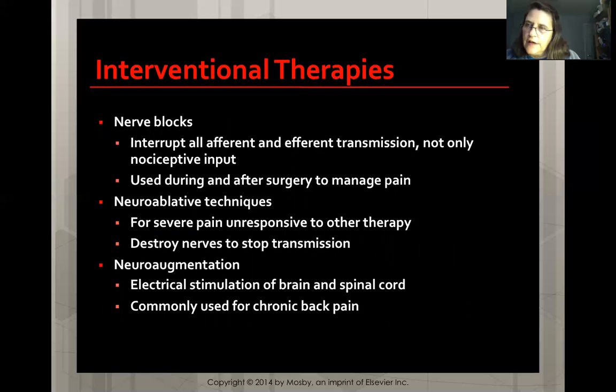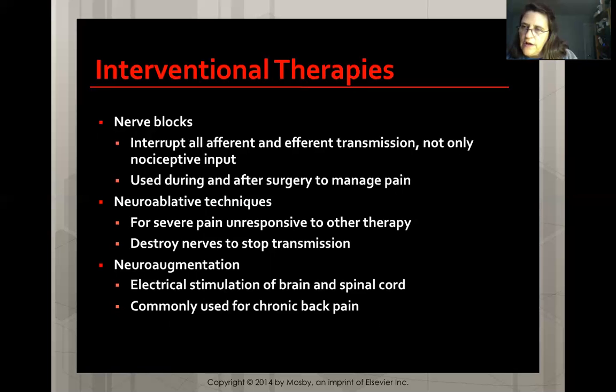Nerve blocks are another route. We usually use those in surgery in lieu of a general anesthesia. We have also neuroablative techniques, and these are long-term techniques, and they basically go in and obliterate groups of nerves that are constantly firing and causing pain.